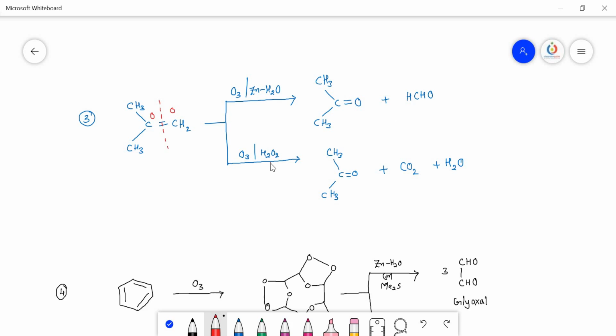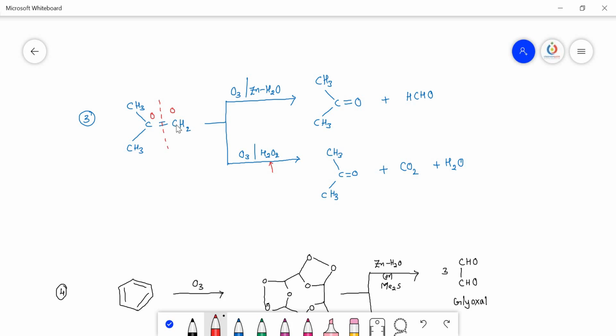But when you use hydrogen peroxide or silver oxide in this particular ozonolysis, which is called the oxidative ozonolysis, as I said earlier, here it becomes the CO part, because a double bonded carbon with two alkyl groups will always be converted to the keto group, whether you use reductive ozonolysis or oxidative ozonolysis.